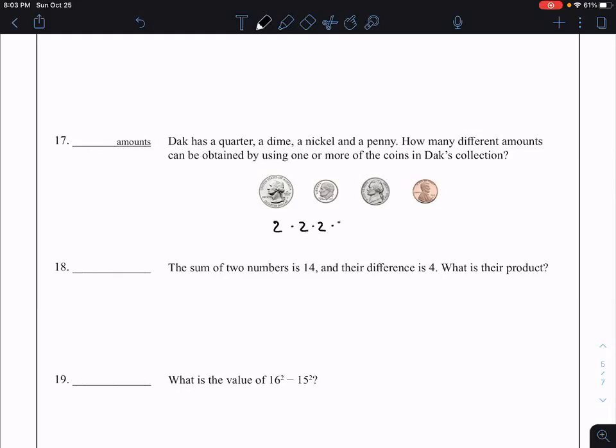So there are 4 coins, so we multiply 2 by 2 4 times. So that's 2 times 2 times 2 times 2. And then you have to subtract 1 because one of the possibilities is that you don't choose any of the coins, so that's not ideal. And this is just equal to 16 minus 1, which is 15.